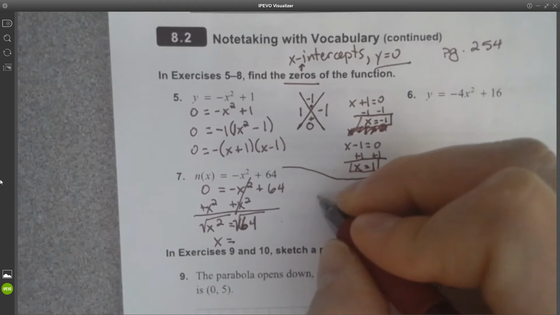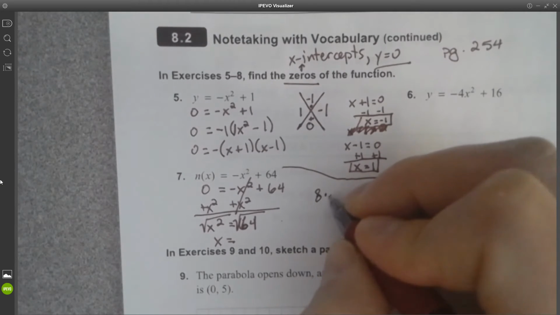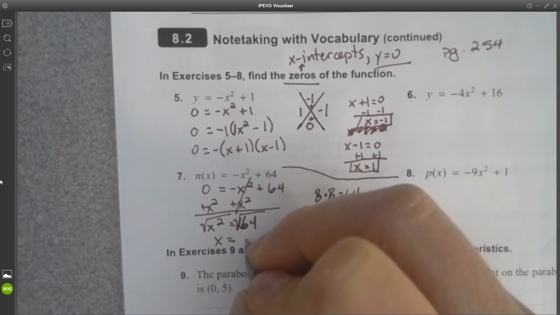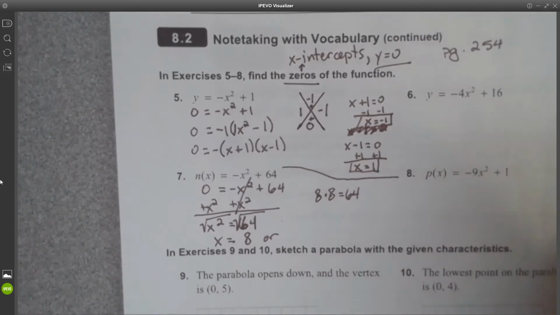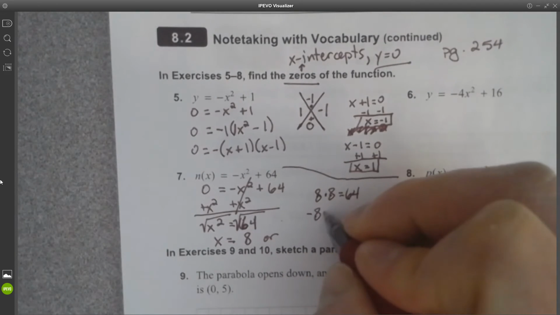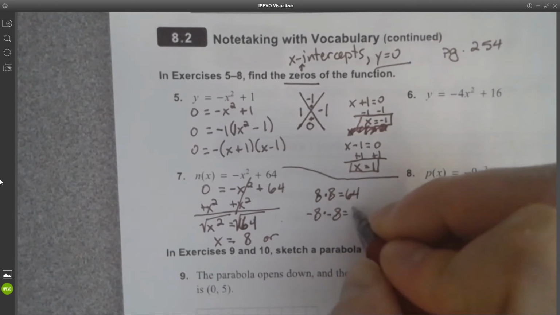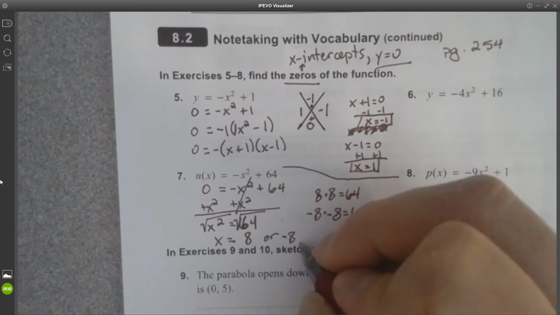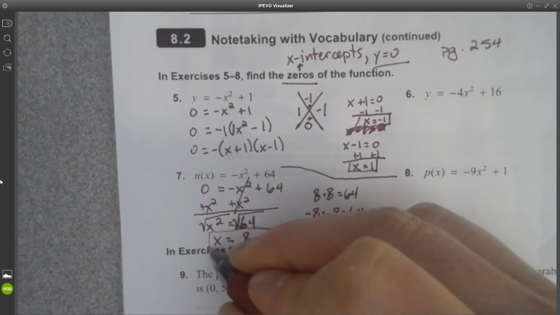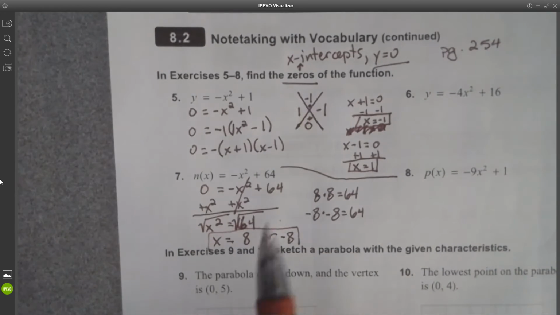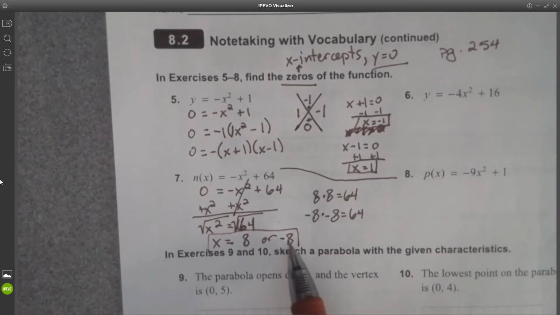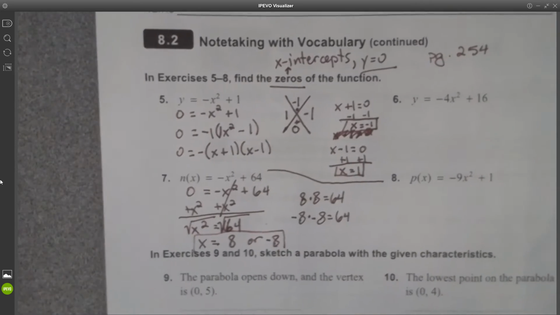Either 8 times 8 is 64, so one of my answers is 8, or negative 8 times negative 8 also equals positive 64, so my other answer is negative 8. I like this a little bit better. It's a little quicker than having to think through factoring. But the thing to remember is that you either get the positive or the negative value.